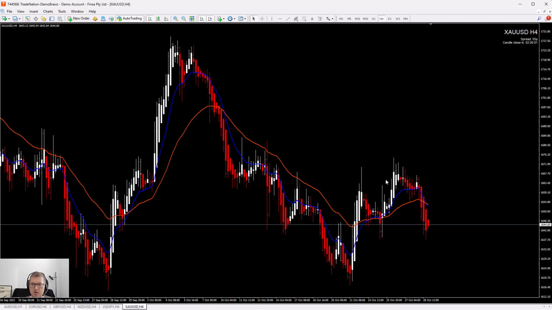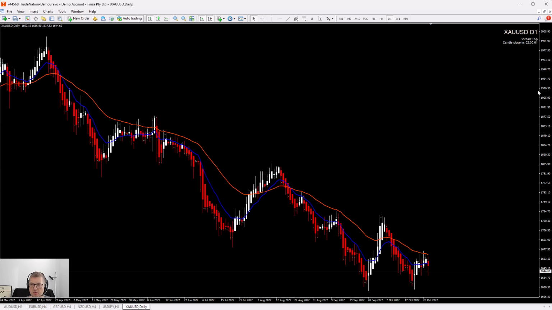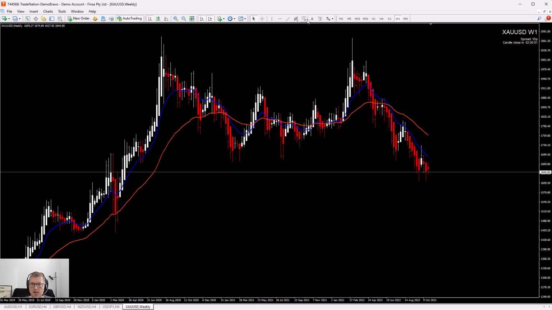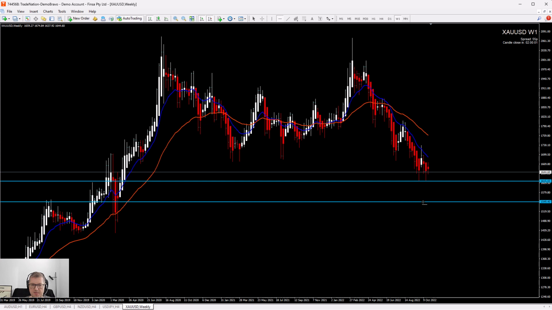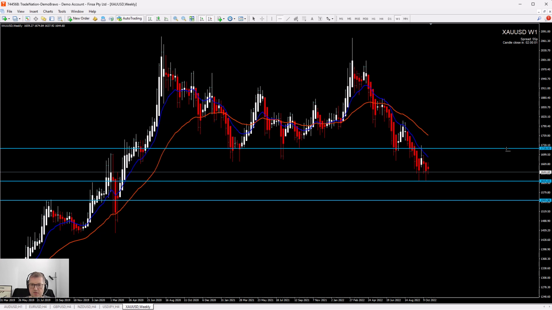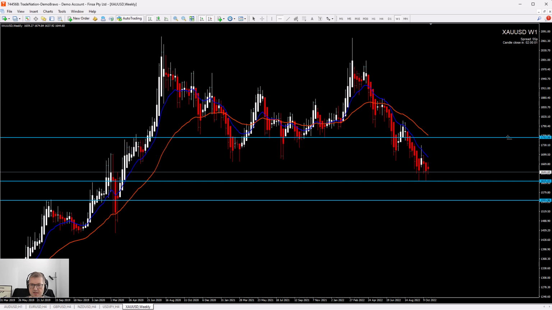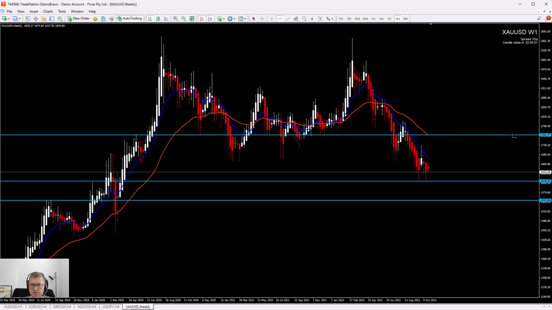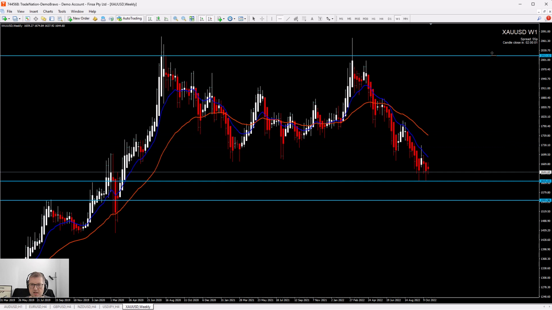And the last one is gold, but gold started to range. Nothing really changed. We have this double bottom. I removed the lines, but it really didn't change much since last week. If we look for the resistance area, definitely here is one, but let's go to the higher time frames.